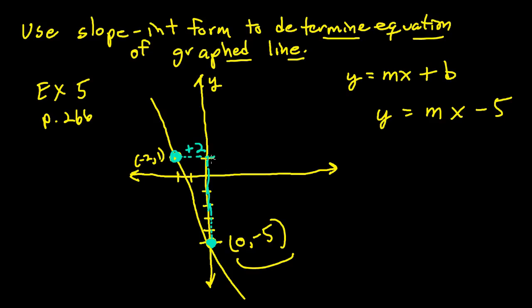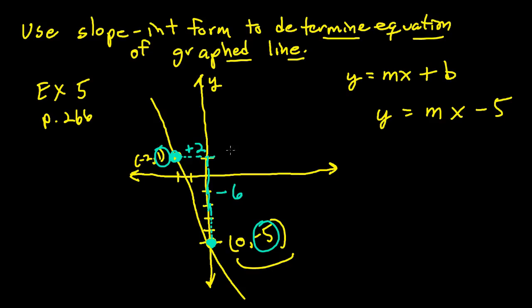Similarly, the vertical distance between these 2 points: I go from y equals +1 to y equals -5. I go down 6, do I not? From +1 to -5.